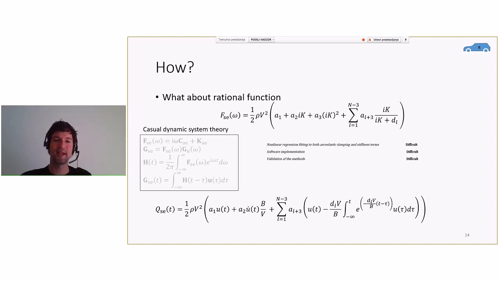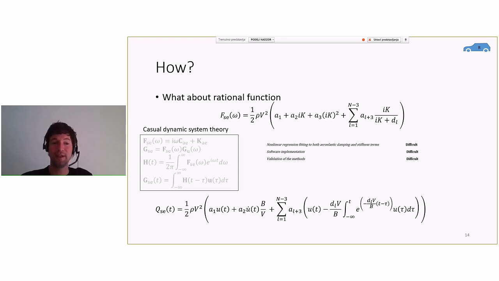The first one, at the top, is an expression which is directly fitted to the flutter derivatives. There is a fitting procedure that you have to apply, called nonlinear regression fitting, because there are terms that need to be fitted to both aerodynamic damping and aerodynamic stiffness at the same time. Plus it has this nonlinear property, so you need a good fitting procedure to even fit the function.